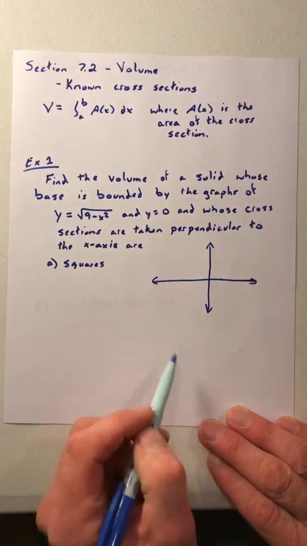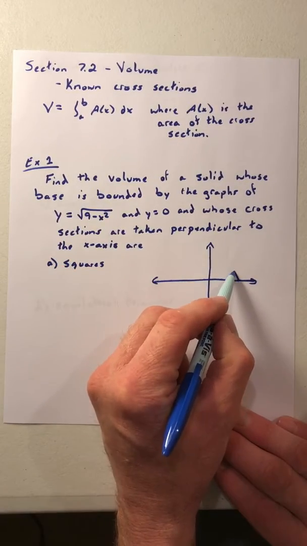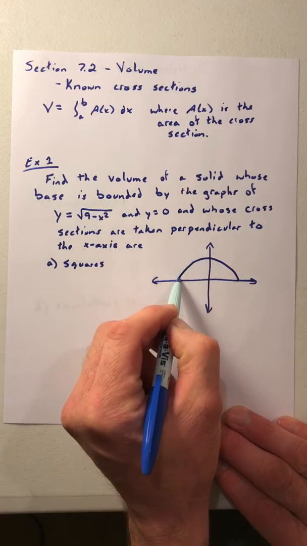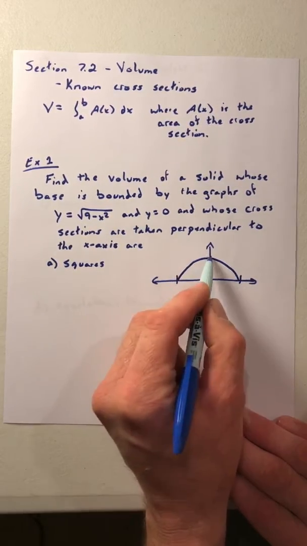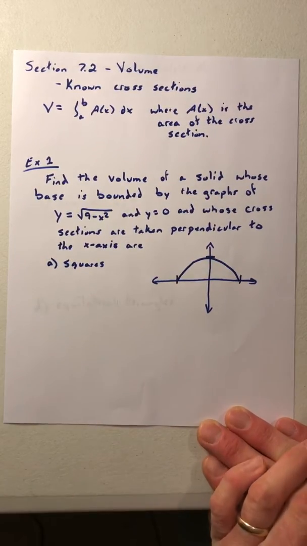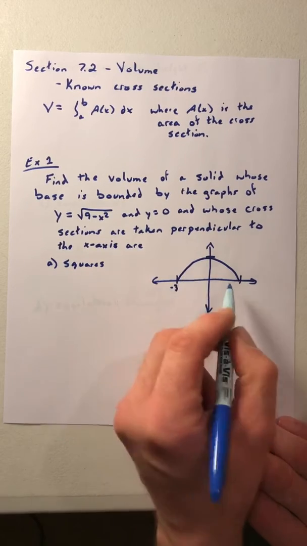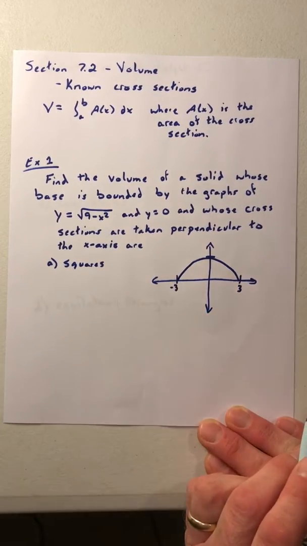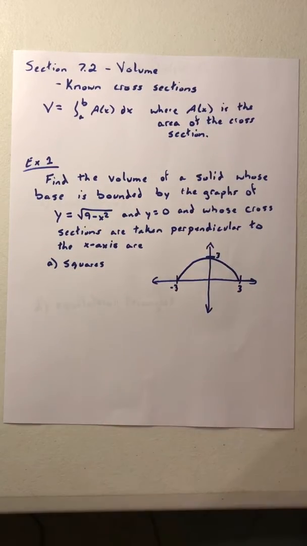So we're going to take y equals the square root of 9 minus x squared. And that's going to look something like this, where we're going to come out here to here and up to this point here. I can throw this into the calculator. I know that I'm going to come out to -3, and I'm coming out here to 3, and I'm coming up to a height of 3.